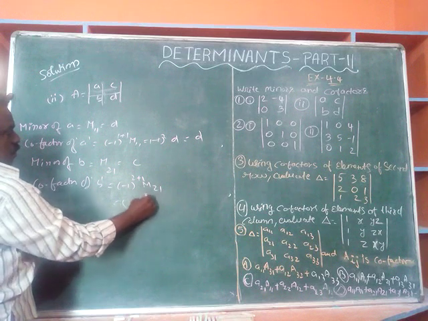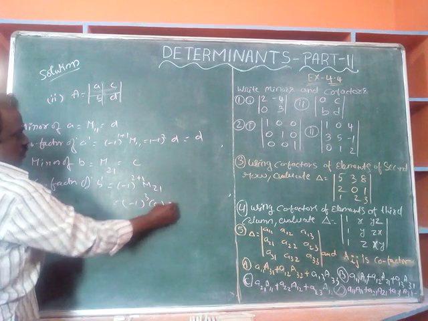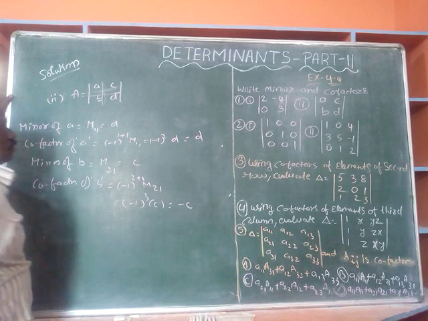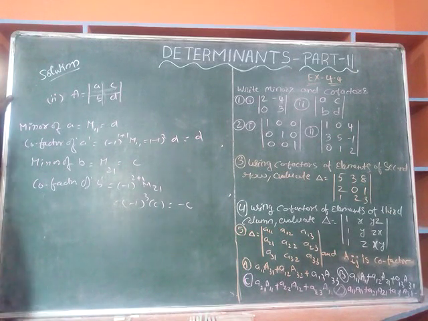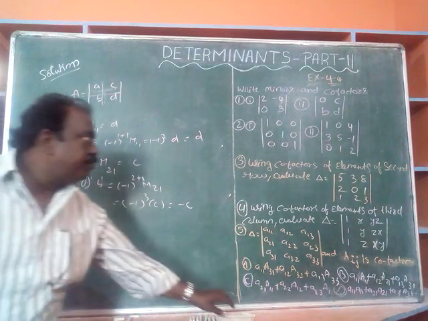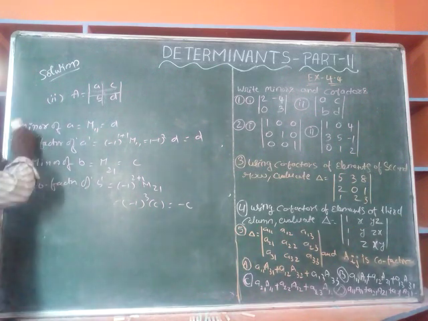The (-1) cube, M21 is already there, C. So it is minus C. Like that, remaining C and D, you find with your own effort. That is the thing.